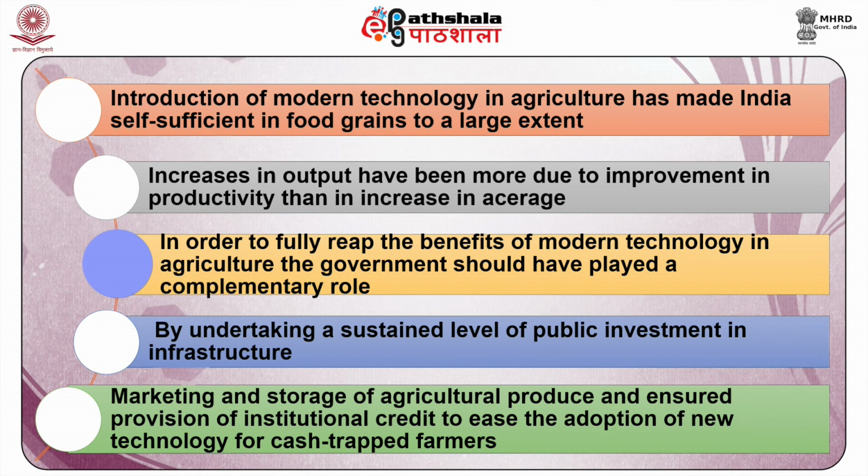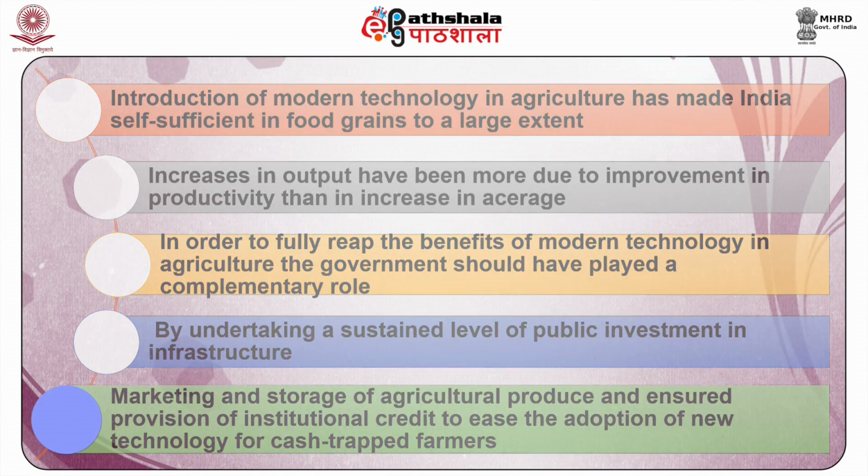In order to fully reap the benefits of the modern technology in agriculture, the government should have played a complementary role by undertaking a sustained level of public investment in infrastructure, marketing and storage of agricultural produce, and ensured provision of institutional credit to ease the adoption of new technology for cash-strapped farmers.